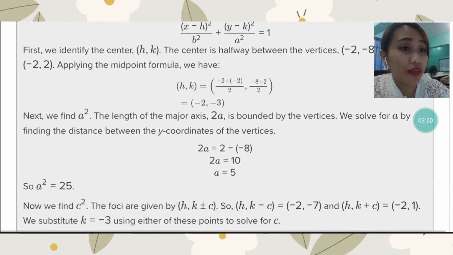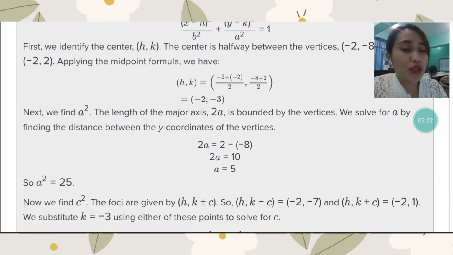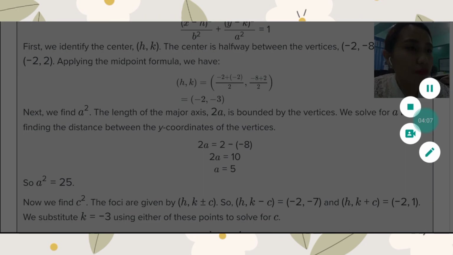So, after solving for the center, we proceed to solve for a squared. The length of the major axis 2a is bounded by the vertices. We solve for a by finding the distance between the y coordinates of the vertices.